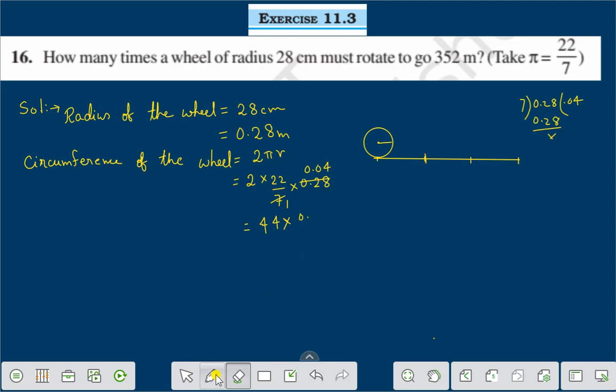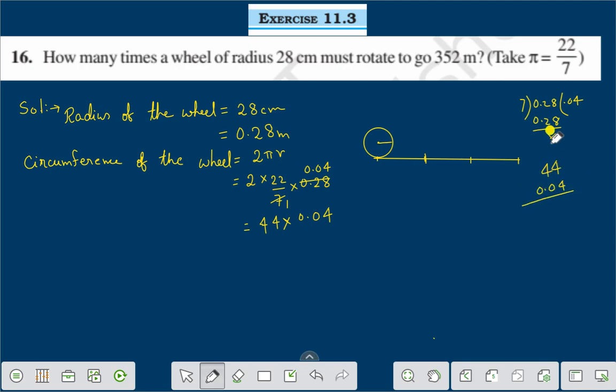Now if we multiply this number, 44 by 0.04.